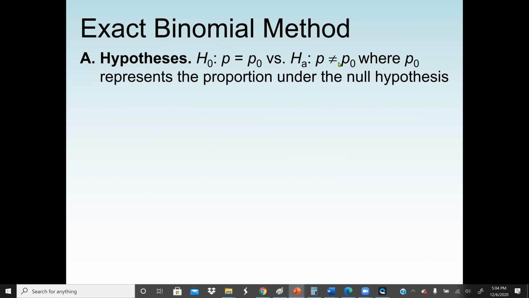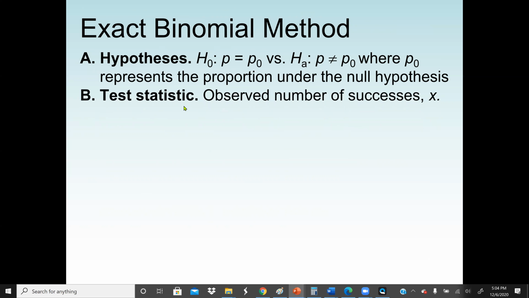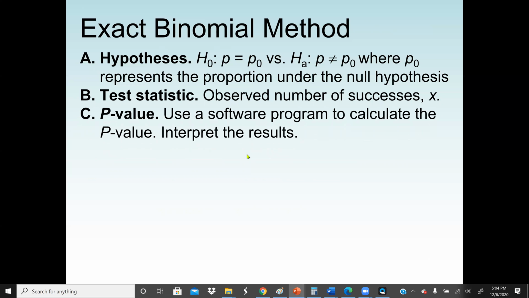Here we say not equal to p0, where p0 represents the population proportion under the null hypothesis. So we need a test statistic. But since we are using the exact binomial method, we don't need to find the Z. The test statistic will be the observed number of successes X. Then we can use software to calculate the p-value.